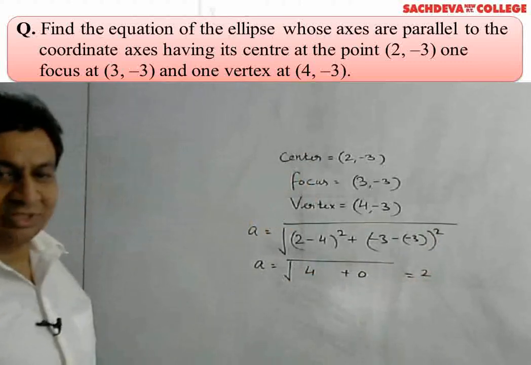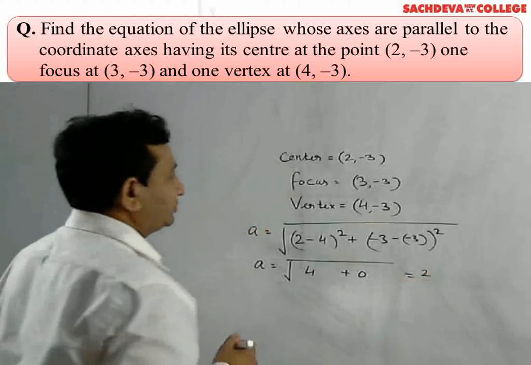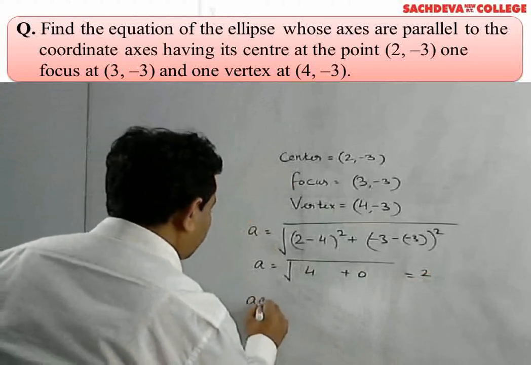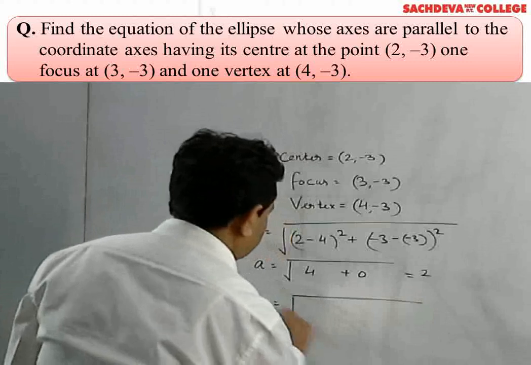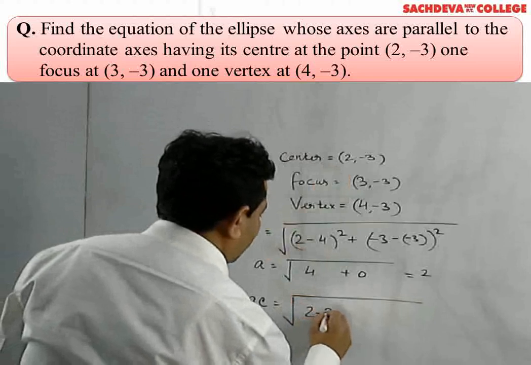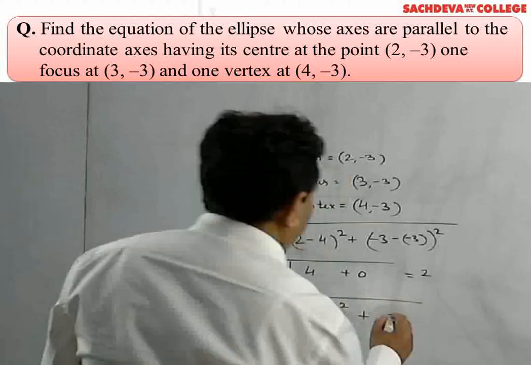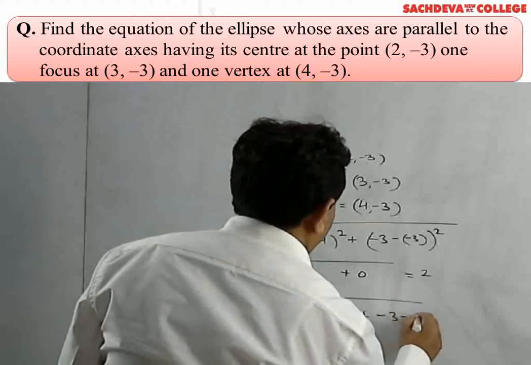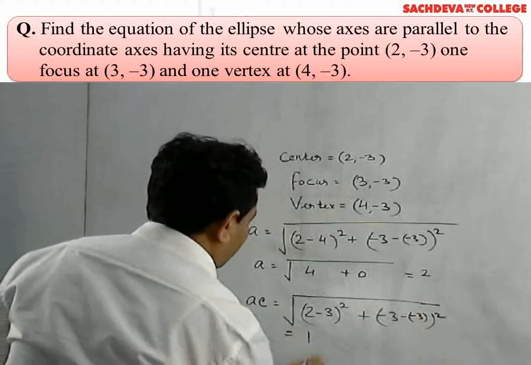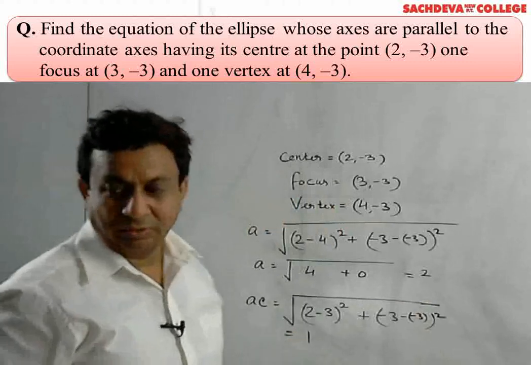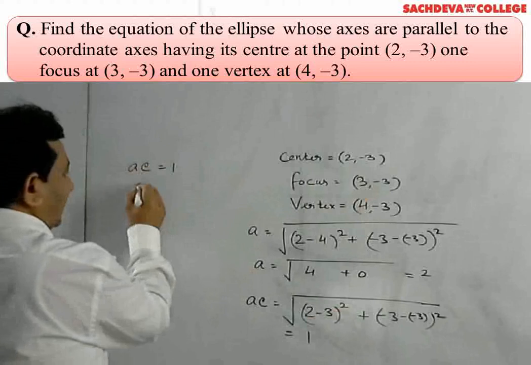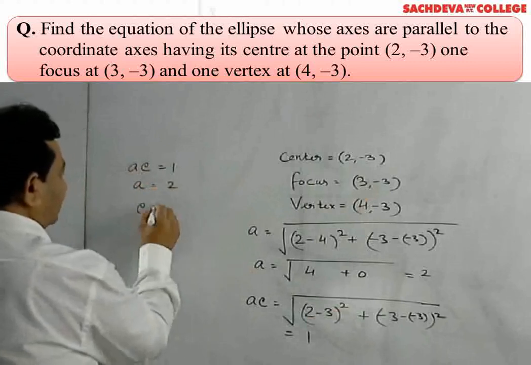It means a is 2 here, and distance between center and focus is ae. It means ae will be equal to under root 2 minus 3 whole square plus minus 3 minus minus 3 whole square, or will be equal to 1. It means ae is 1. So ae is 1 and a is equal to 2, so e will be equal to 1 upon 2.